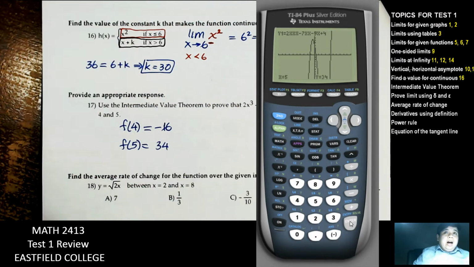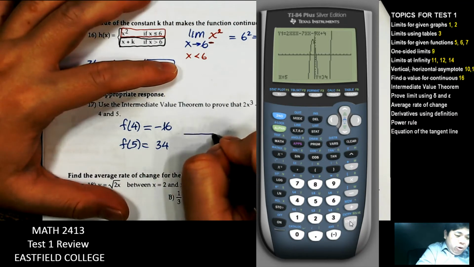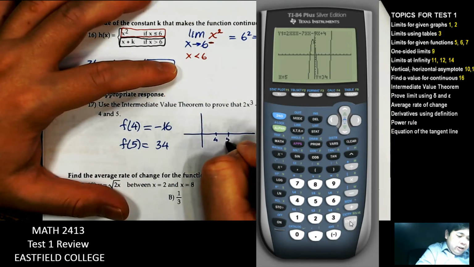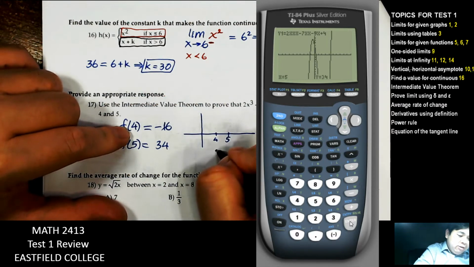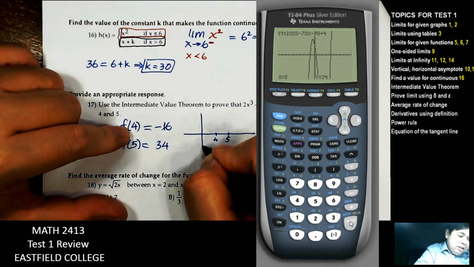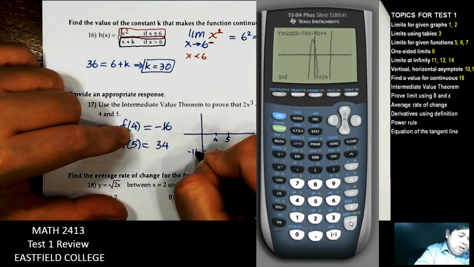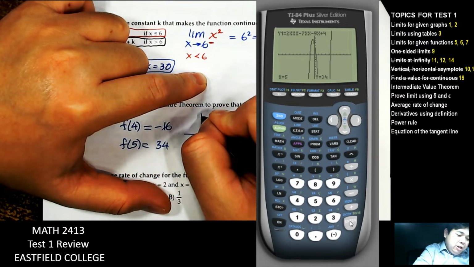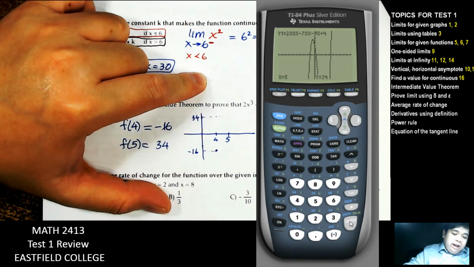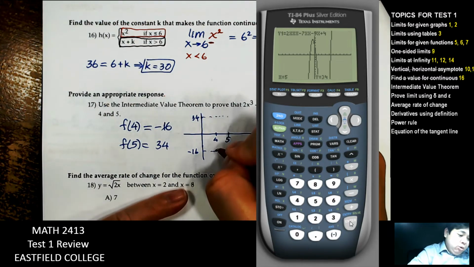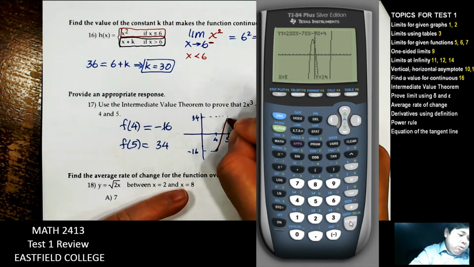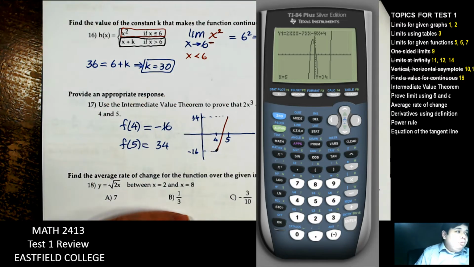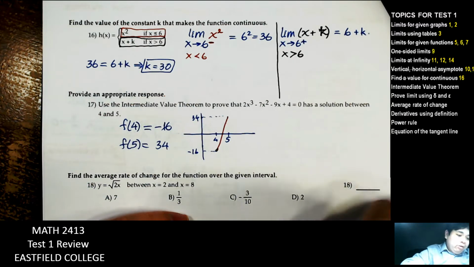Intermediate value theorem. If we draw a little sketch from 4 to 5, when x equals 4, it is negative 16, and when x equals 5, the function equals 34. Now, if the function has to go from this point to that point, it has to cross the line in between 4 and 5.